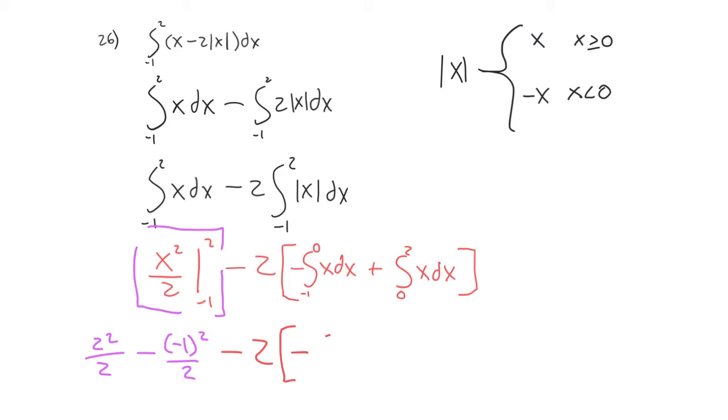And then it's going to be negative, well, that's my half bracket, half parentheses. It's going to be negative x raised to the second power all over 2. And that would be such that we have a -1 down here and a 0. So this is another way of representing the fact that you're going to be substituting -1 and 0 in.